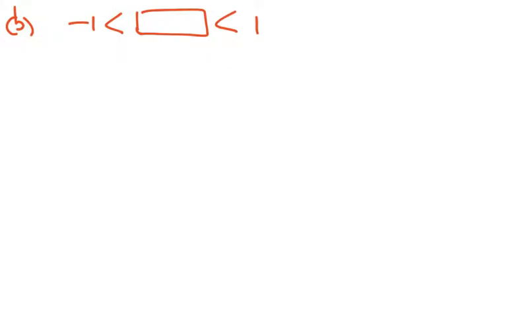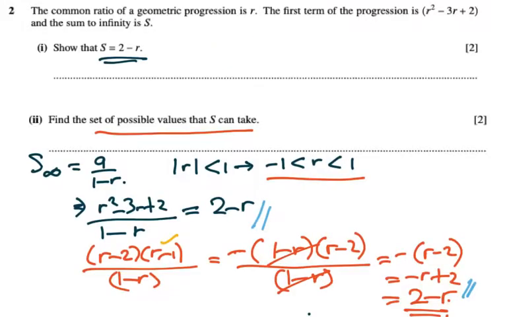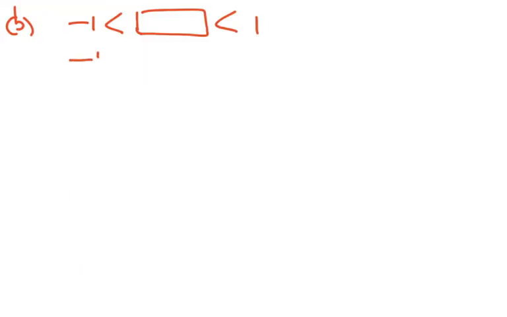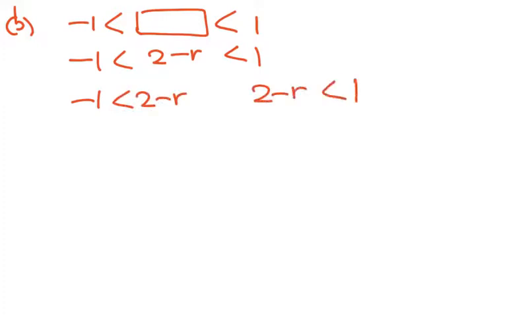So what's your R? It's given as 2 minus R. So -1 less than 2 minus R, less than 1. So I can break this into -1 less than 2 minus R, and 2 minus R is less than 1.